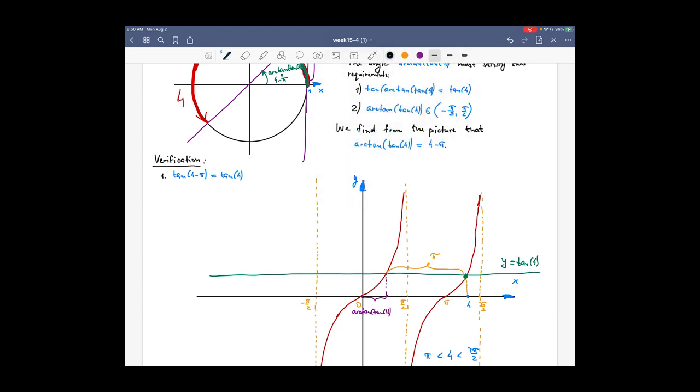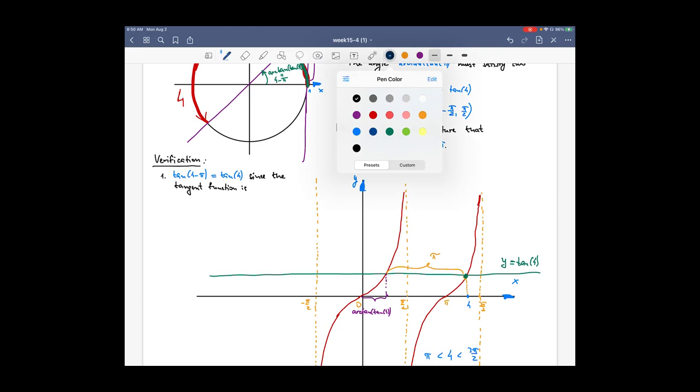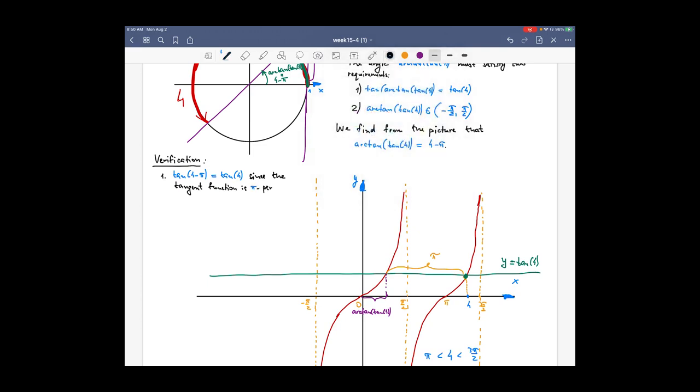That is because tangent is pi periodic. The other requirement is that our answer falls between negative pi over 2 and pi over 2. It's also easy to verify.